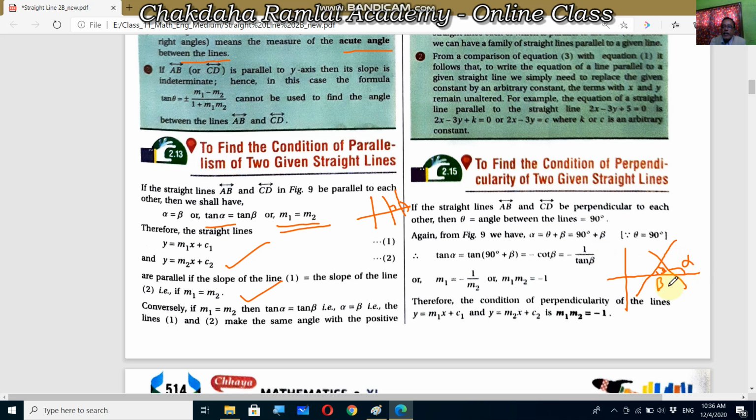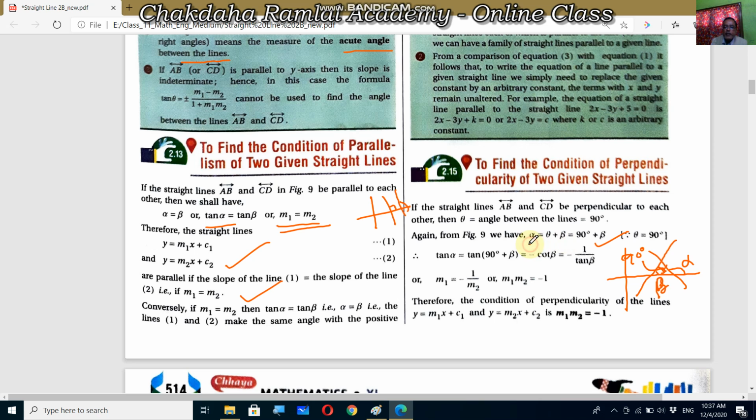Then alpha is equal to theta plus 90 degrees. Alpha is equal to theta plus beta, and theta is equal to 90 degrees. Therefore, alpha is equal to 90 degrees plus beta.